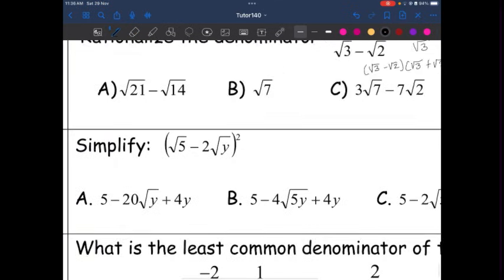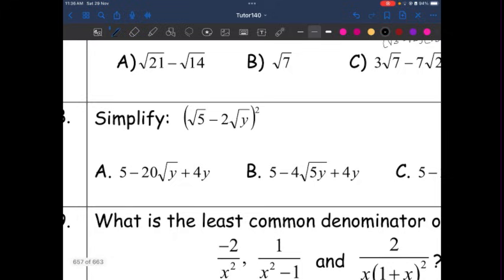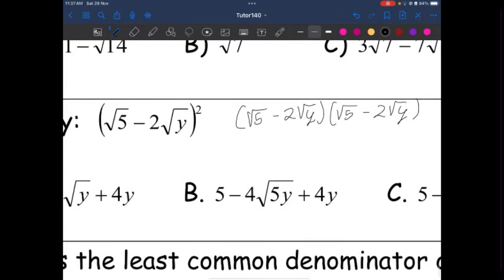Okay, now question 8, simplify. What I like to do, because I like to visualize it, is I just write it how it is. You're just multiplying this expression twice. So just root 5 minus 2 root y times root 5 minus 2 root y. FOIL again: first, outer, inner, last.